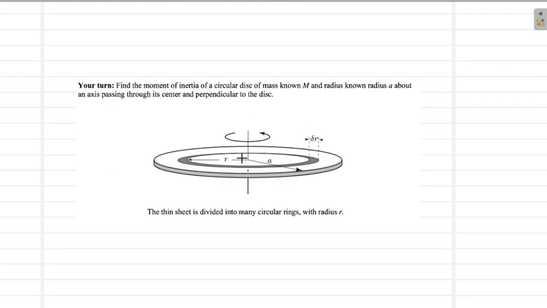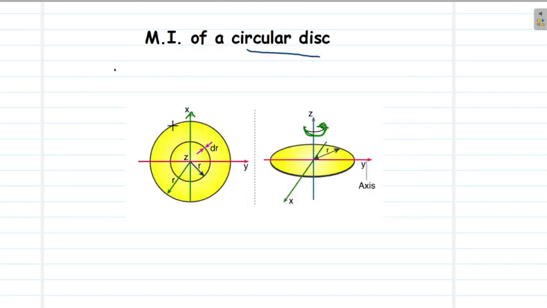So the disk is composed of small rings of different radius. So you can see like this. From center 0 up to radius r, you have small rings of different radius and same thickness, and that is how this disk is made up.